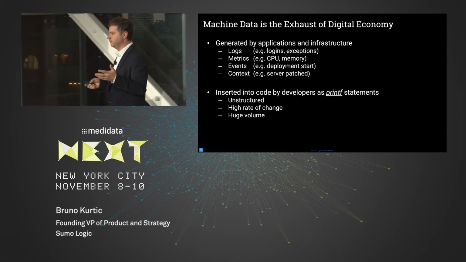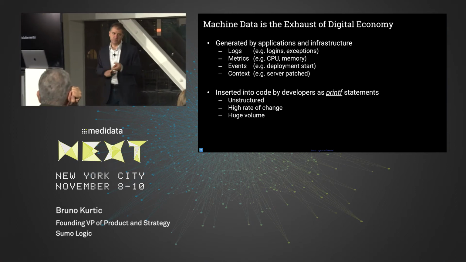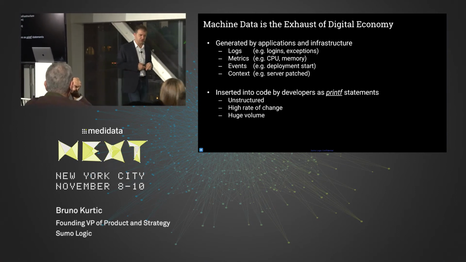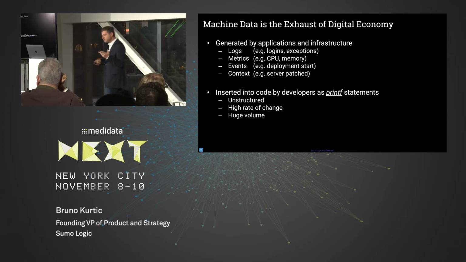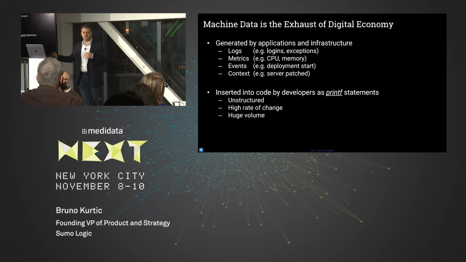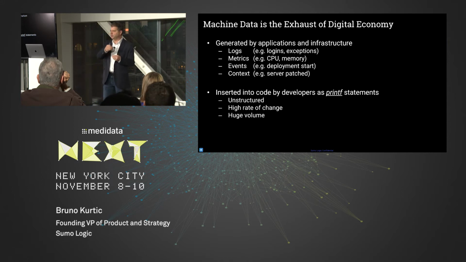So it's really voluminous. It comes in the form of log messages, audit messages generated by applications and infrastructure. It could be metrics, things that measure things like CPU consumption, memory, and I/O. It could be events, like, okay, we just deployed a new version of SensorLink code, and we need to know that in order to measure how that new code is behaving and performing versus the old code.